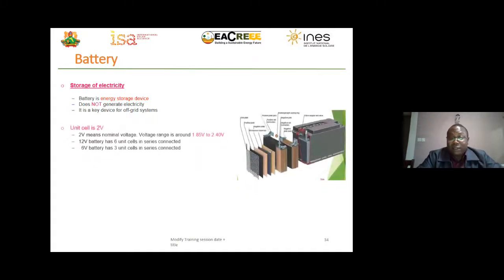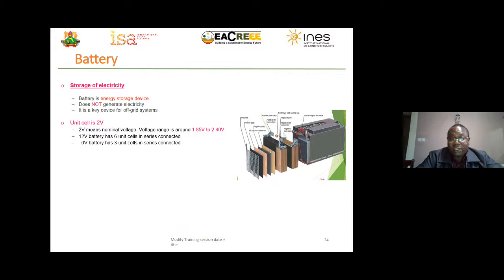And then usually the composition of a battery has some unit cells, and the average nominal voltage of each unit cell is usually about 2 volts. So for a 12-volt system, usually we have 6 unit cells, and this is usually visible, especially for flooded batteries, where you have 6 caps that you can open to refill distilled water when the level of the battery goes down.